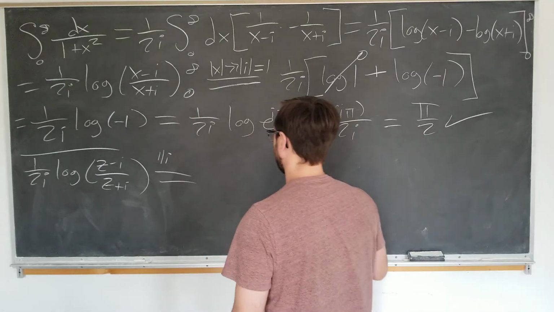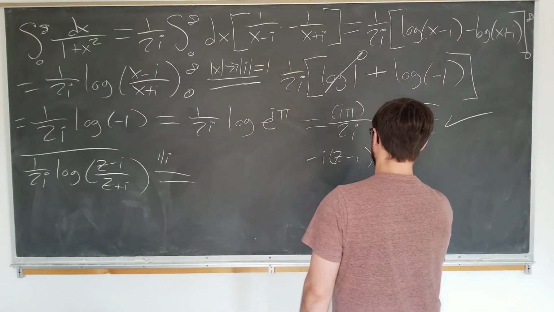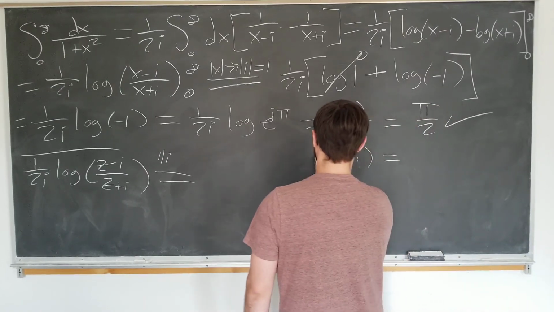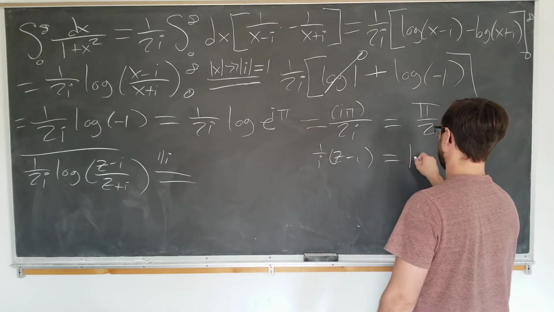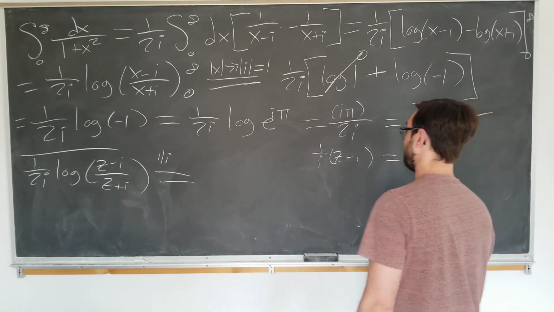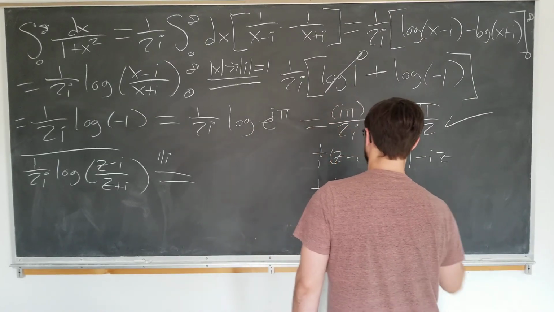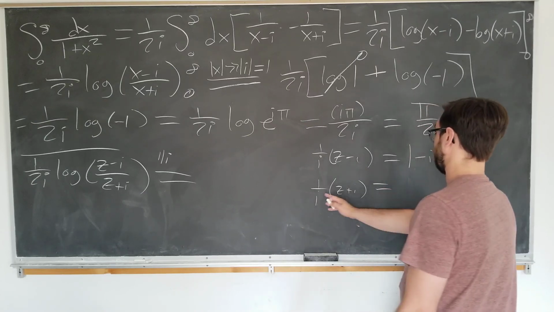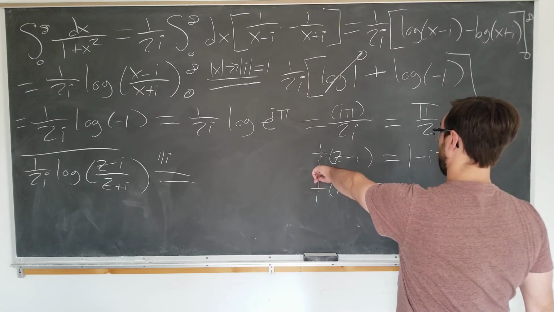If we do that, we have minus i times z minus i, which is equal to, see, it's so difficult, isn't it? Same thing. 1 over i. Okay. 1 minus iz is now on top. Let's see. Did I do this wrong?